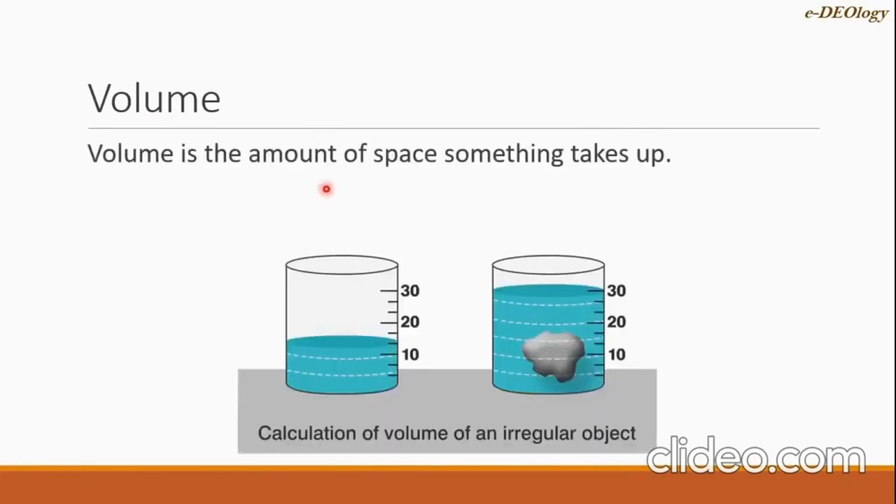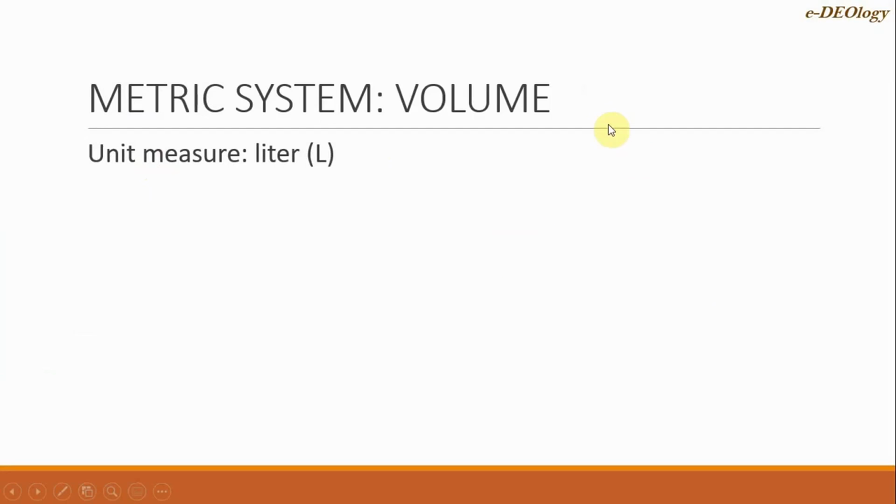The next is the volume or capacity. Volume is the amount of space something takes up. Let us go now to the metric system for volume. The unit measure is liter, symbolized by capital L. So the next is kiloliter, symbolized by kL.